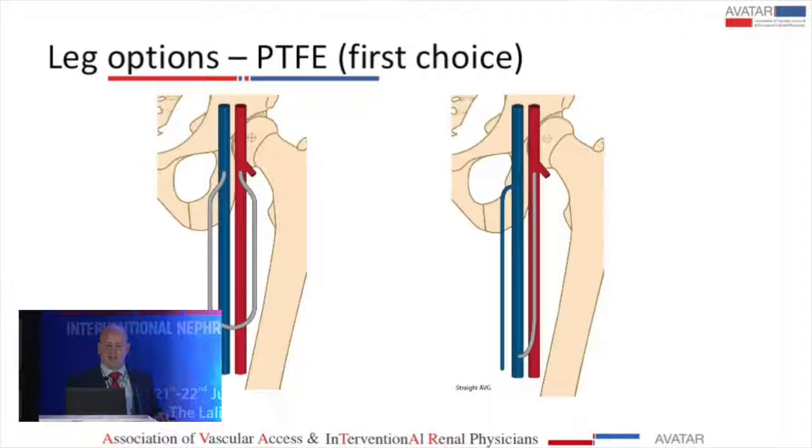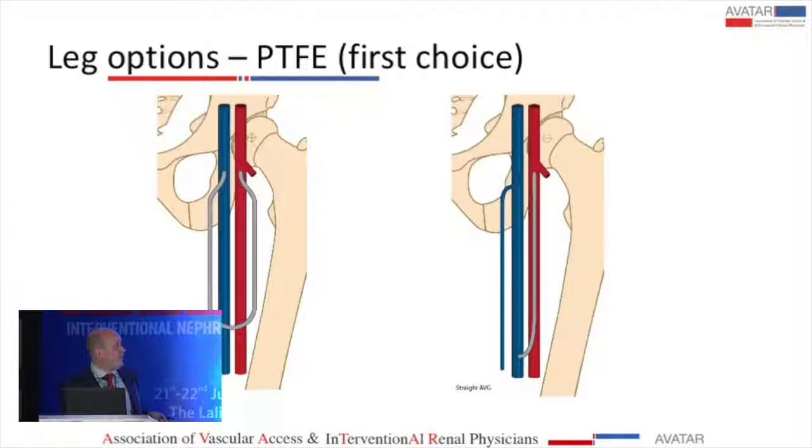Now, my first choice here: when I started out, I used to make loops. And as we discussed before, the neo-intimal hyperplasia happens up here, which is inaccessible underneath the inguinal ligament. So it's very difficult to revise that proximally. So I changed, and now I put them in like a J configuration. That's quite accessible, actually, particularly if you mark it with ultrasound. You can just split the sartorius muscle away, and it's sitting looking at you.